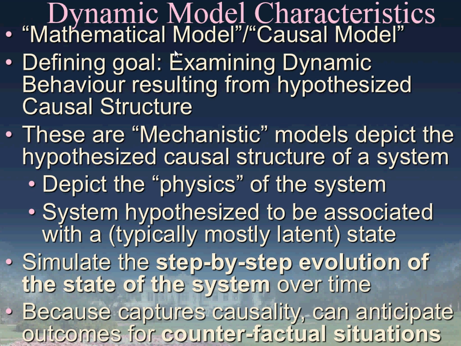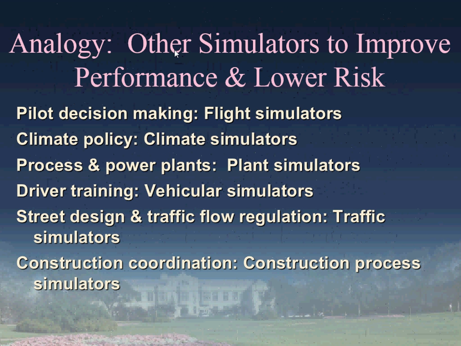Now, because this model seeks to capture hypothesized causality, a key use of it is to examine counterfactual situations that have not been observed before. These sorts of mechanistic simulations, mathematical models, dynamic models of the physics of the system, are relatively new in terms of widespread use in health.